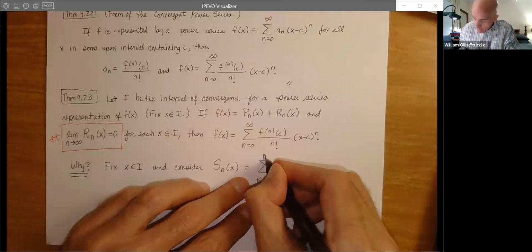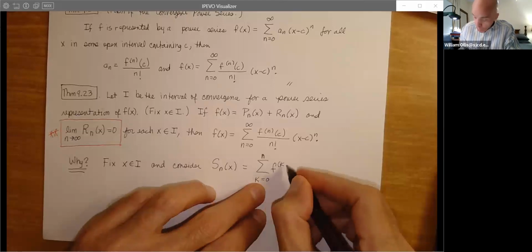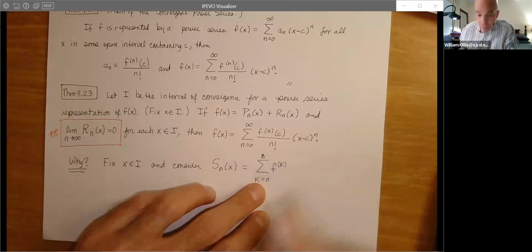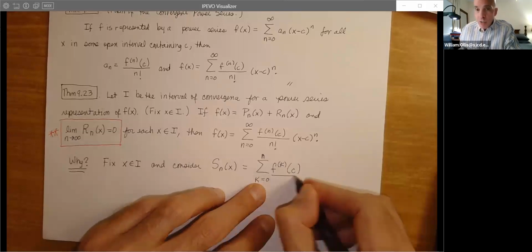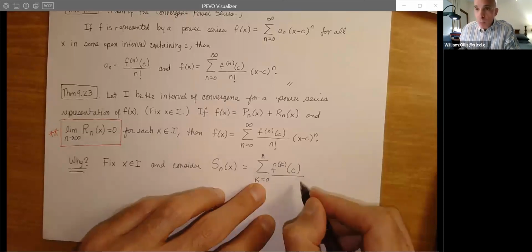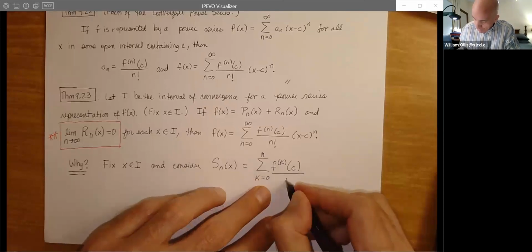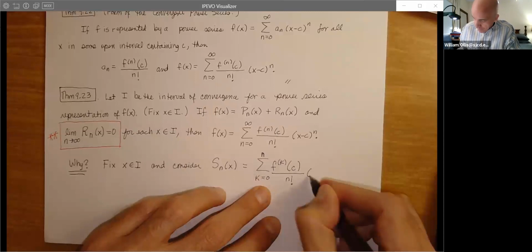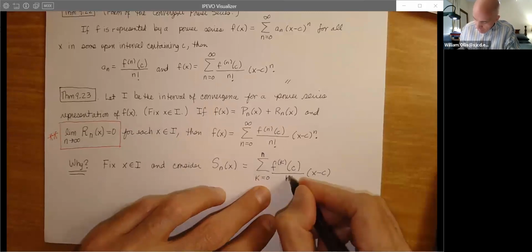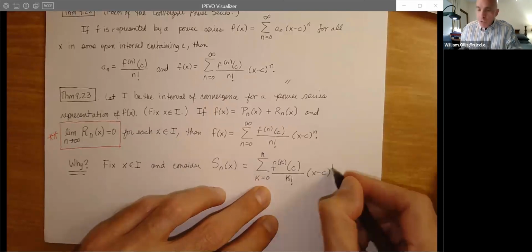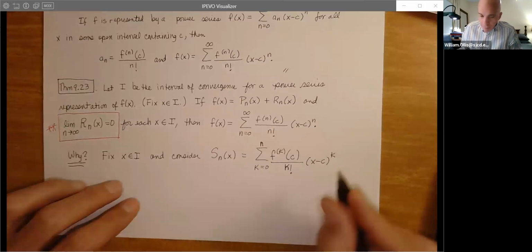We haven't passed to the limit yet. So we'll use k now that we have the partial sum, and we'll evaluate at c. Remember, when we do the Maclaurin series, c is 0. We do a lot of those. Those are very useful to us. Of course, I'll keep the k's here. Creature of habit.